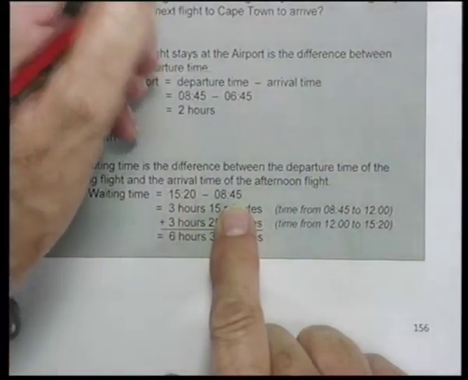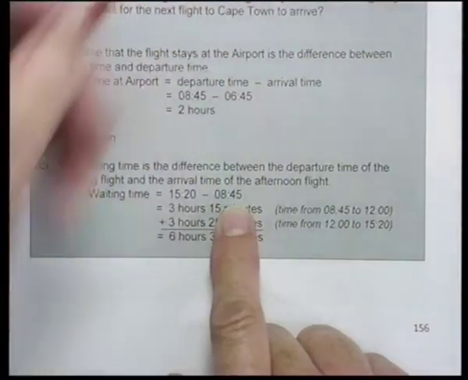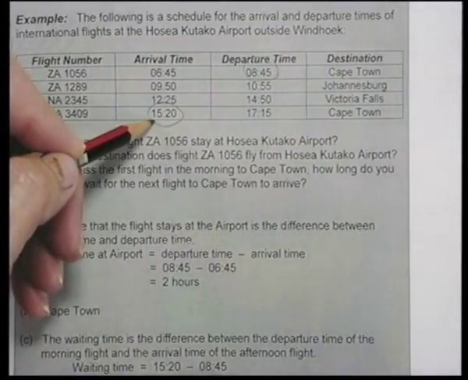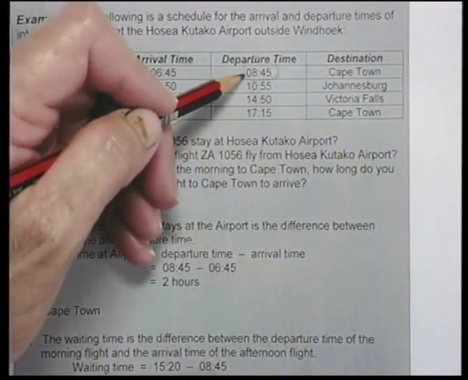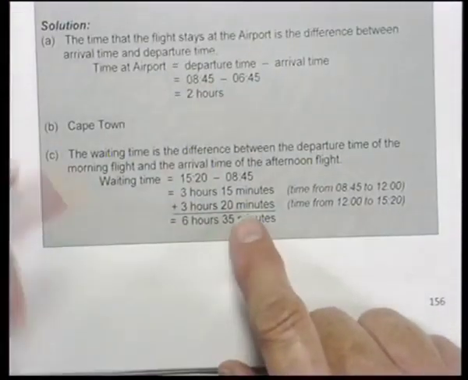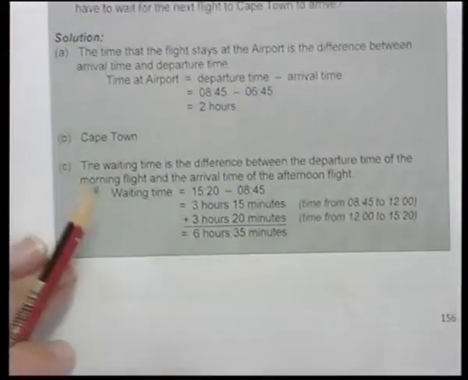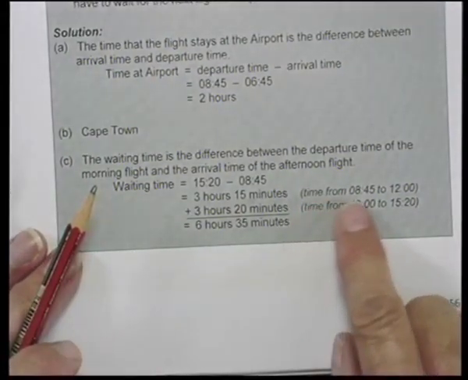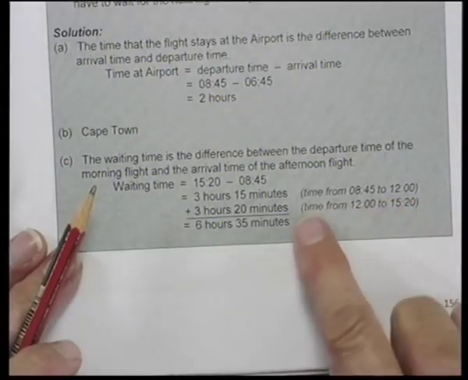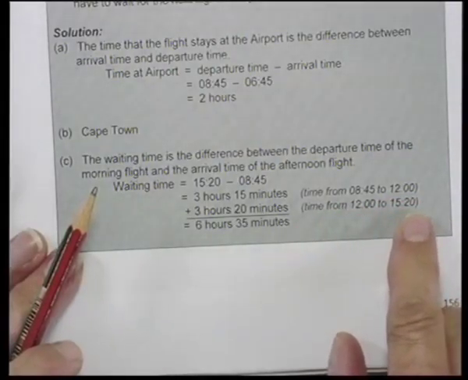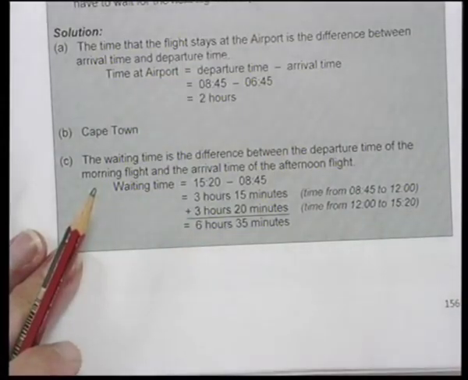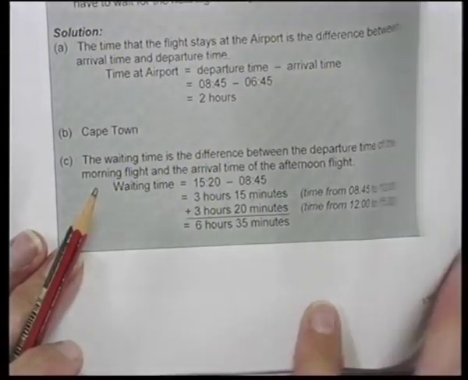So we must work this out. You will have to wait from 8:45 to 12 o'clock and then from 12 o'clock again to 15:20. So you will have to wait 6 hours and 35 minutes. You can work it out hour by hour and then minute by minute.